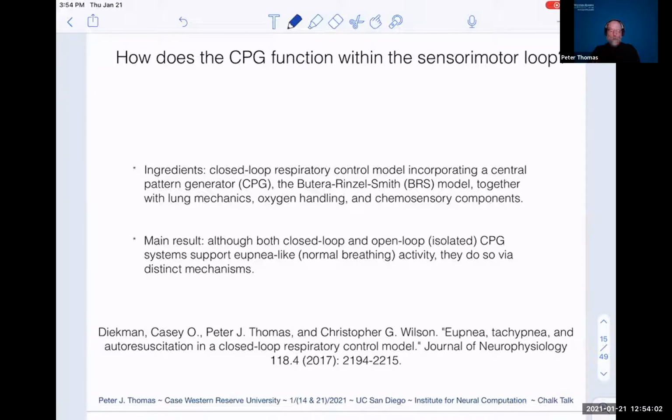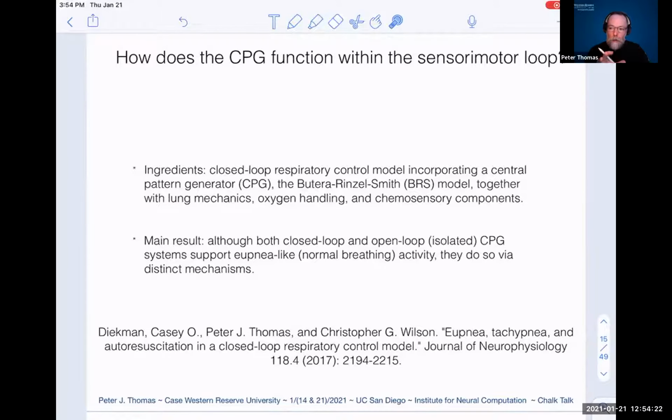So for the particular model that I'm going to continue telling you about here, we take the Butera-Rinzel-Smith model that I sketched for you a moment ago. We build it into a closed loop control system where we try to make it as simple as possible while still having all the basic elements. So we're going to have lung mechanics.